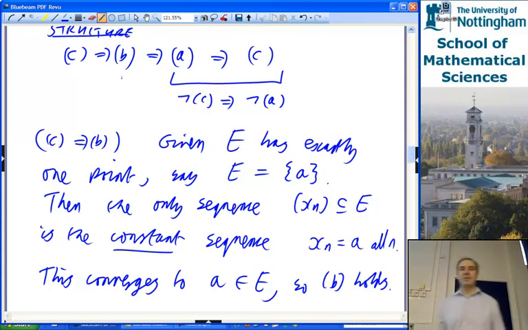Essentially trivial, right? I would have been entitled to say C implies B is essentially trivial. But I've just written it out for you so that you can see how it will go.